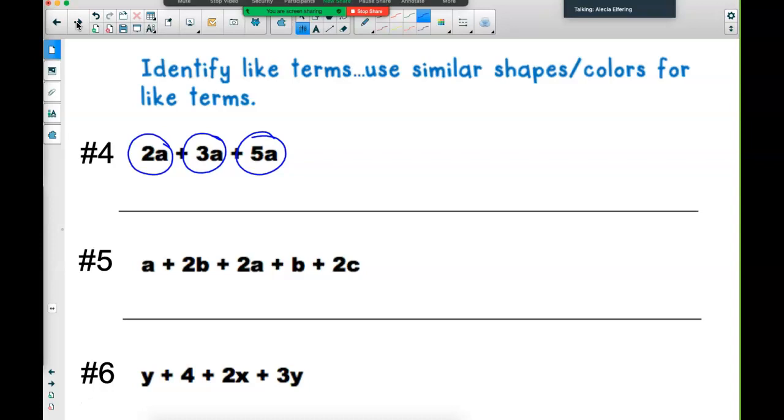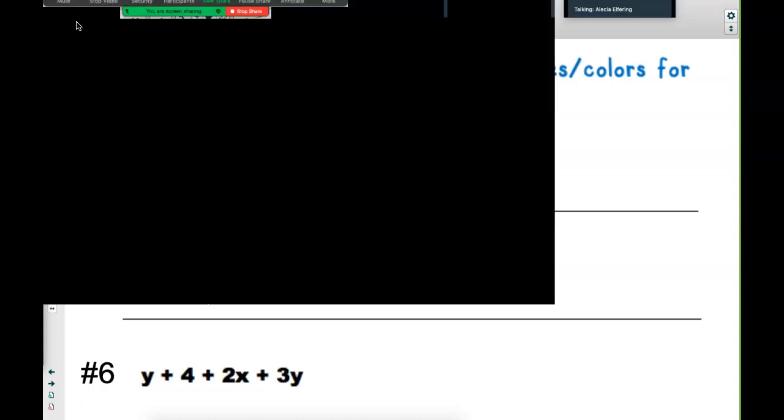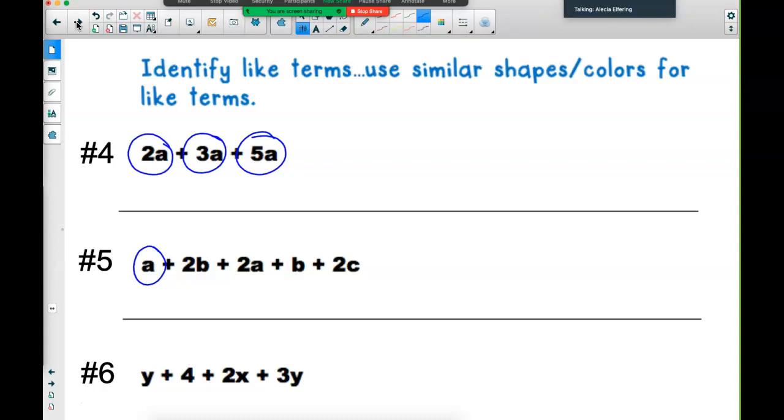Okay, so if I follow that same reasoning with number 5, I would circle the a. Can I put a circle around 2b? No, you need a different shape. How about a box? So I'm going to put a box around that. What shape would come next? Circle, because it's an a just like the first one.